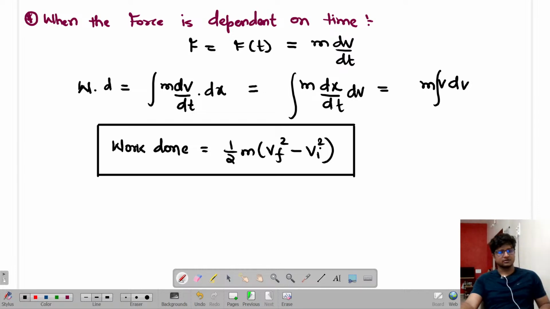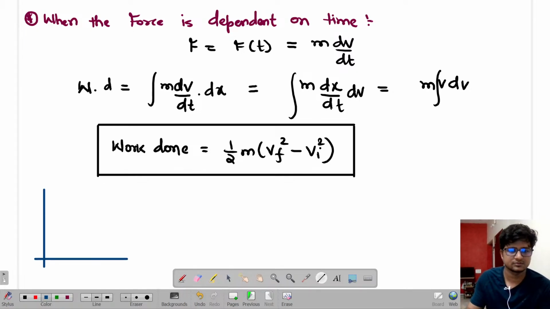What is this work done equal to half m (v final square minus v initial square)? It says that this was work done due to any random force which was dependent on time. Correct? Say something, yes or no? Abhiraj, okay? Suruchi, clear? This is work done by any kind of force. Now, any kind of force means what?